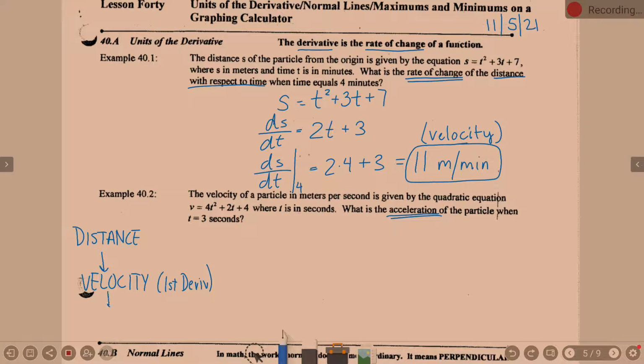And then from velocity, you go down to acceleration. And acceleration is the second derivative.